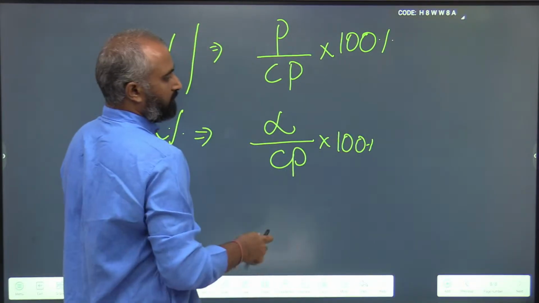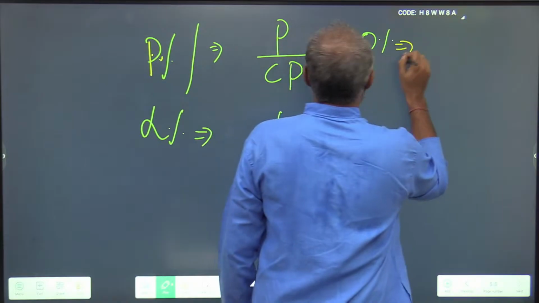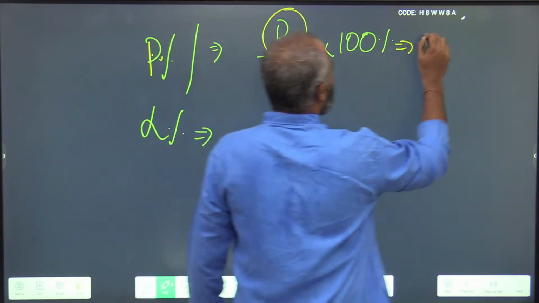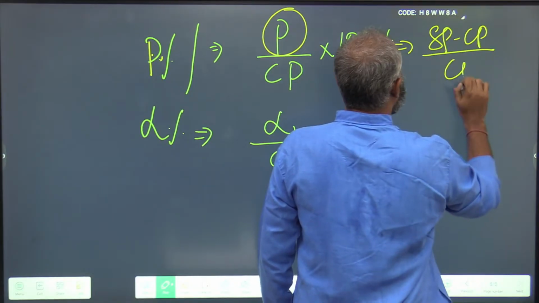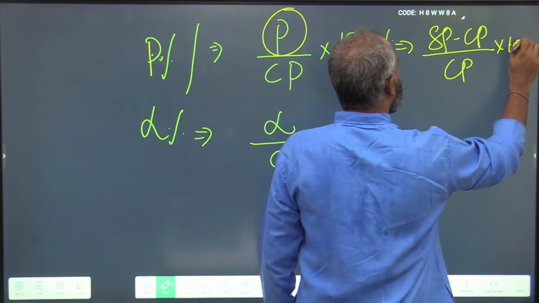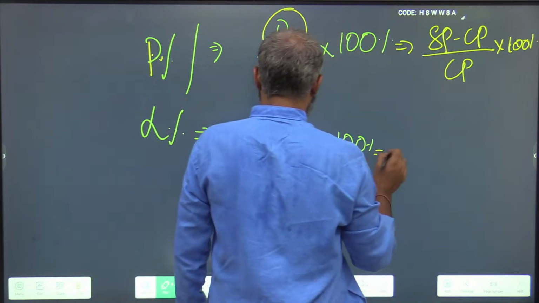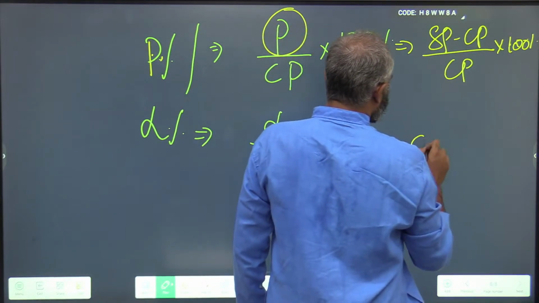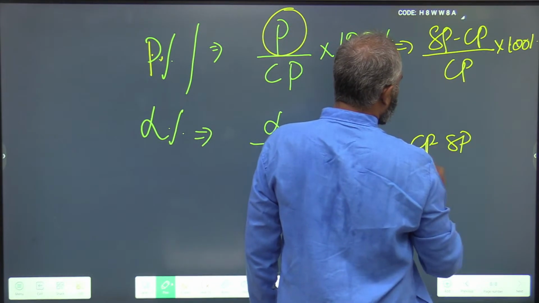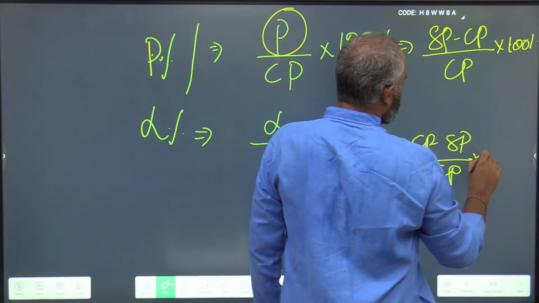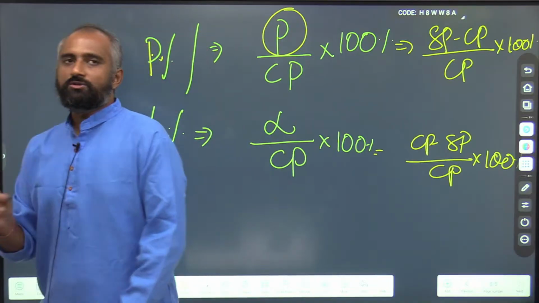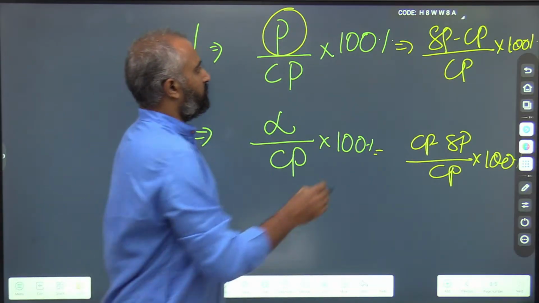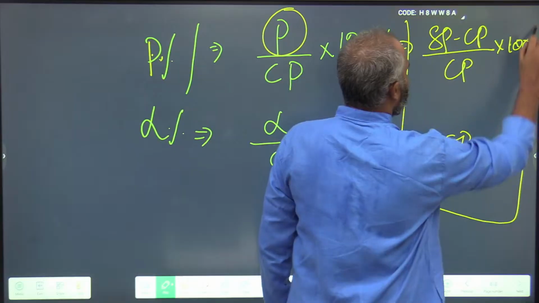If you extend this, we have already seen what is profit. Profit percentage is selling price minus cost price by cost price into 100%, and loss percentage is cost price minus selling price by cost price into 100%. This is the basic way to solve any profit and loss problem, which is the formulaic way.